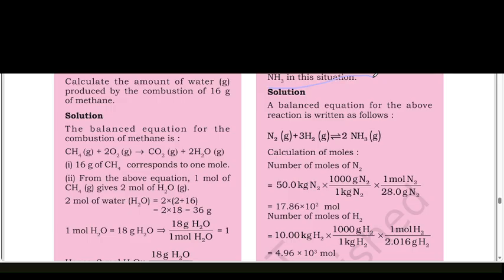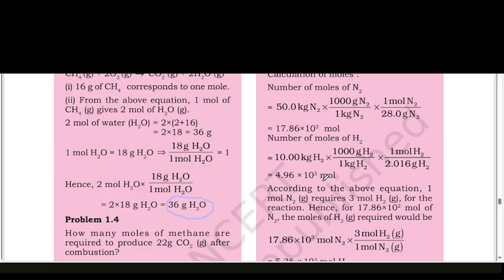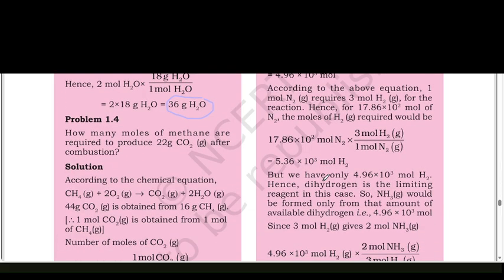H2 means 10 into 1000 by 2 equals 4.96 into 10 to the power 3 moles. So 1 mole of N2 requires 3 moles of H2 for the reaction, and we have 17.86 into 10 to the power 2 moles of N2. The moles of H2 required would be 17.86 into 10 to the power 2 into 3, so 5.36 into 10 to the power 3.